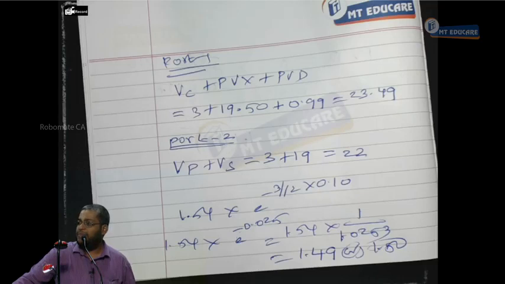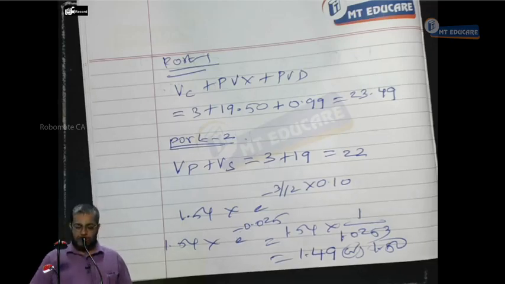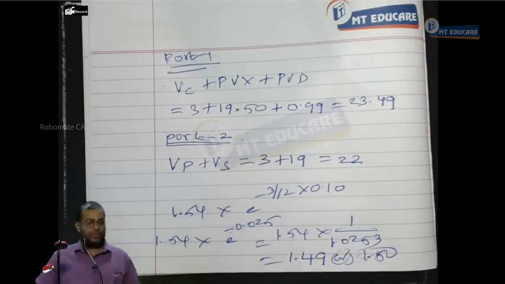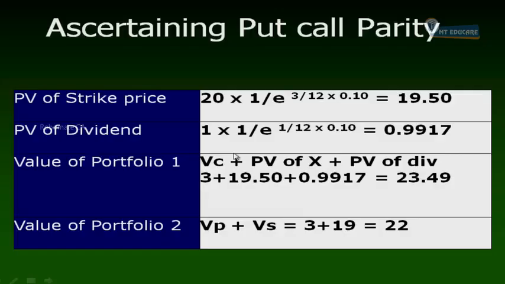Now, tell me the difference between the two portfolio values. Continue writing: the difference between the two portfolio values is 23.49 minus 22, which is equal to how much? 1.49.